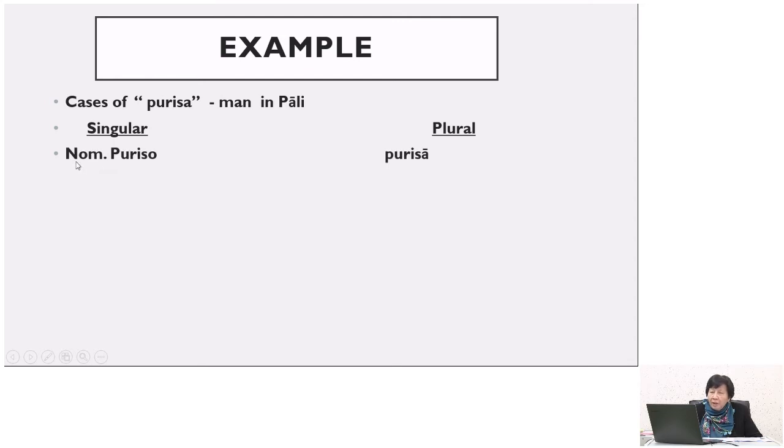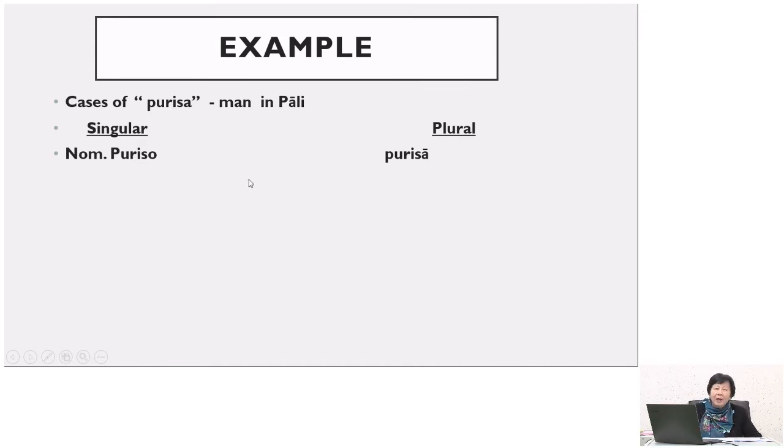The first case is the nominative case. It means that when you use this as a noun, as a subject or the object in the sentence in Pali, instead of purisa, if you want to say one man, you just use puriso, and if you make the plural, it is purisa, right?